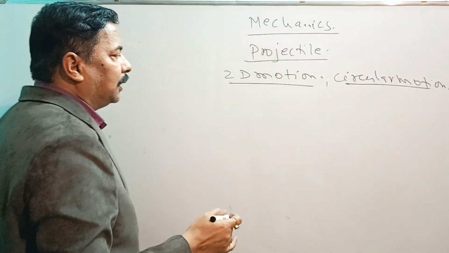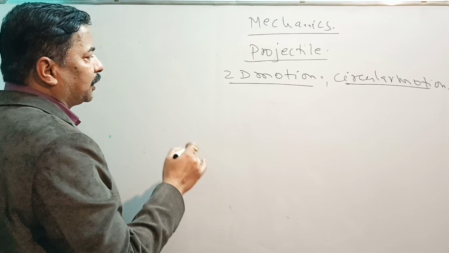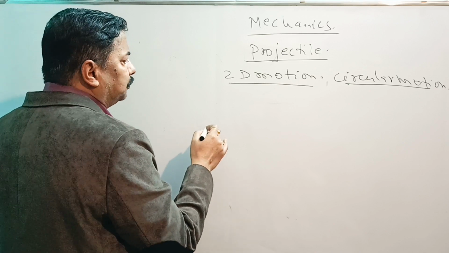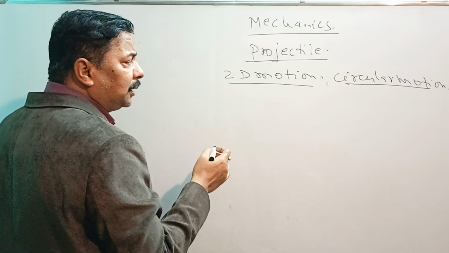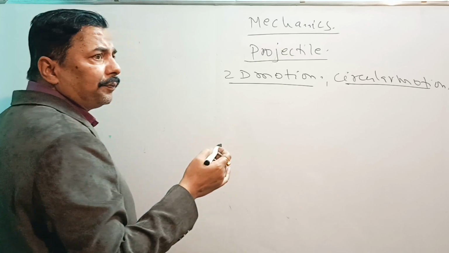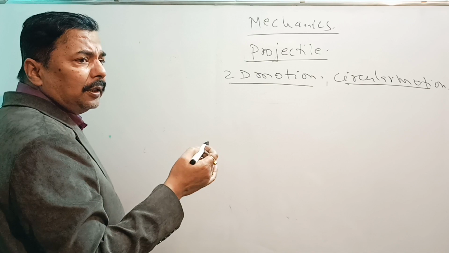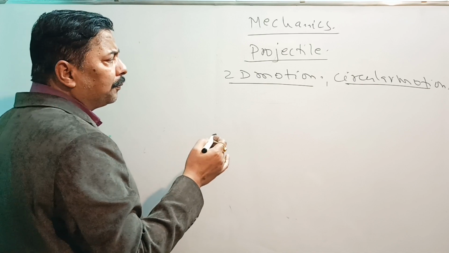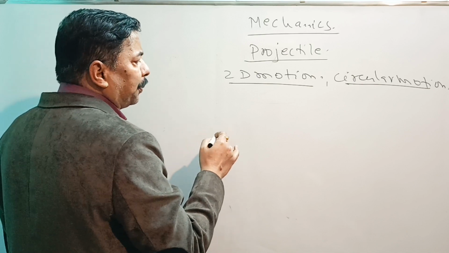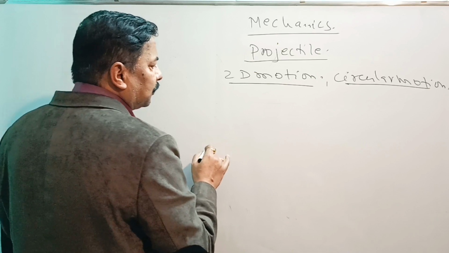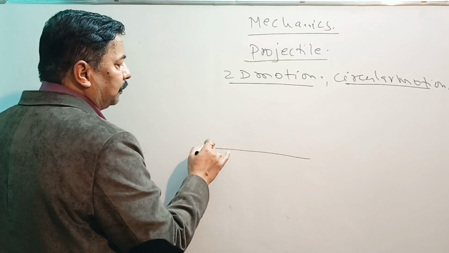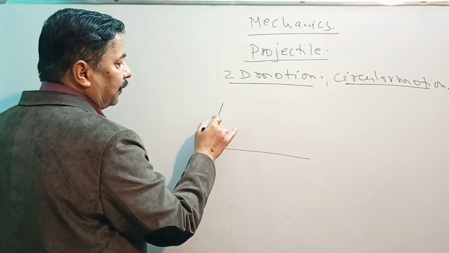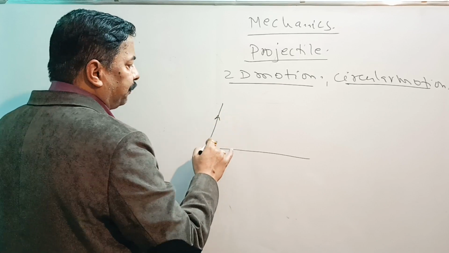Now try to understand. If a body is projected from ground or from a height so that it is freely falling, then this is a projectile. For example, here is a ground and here is the body which is given a velocity.